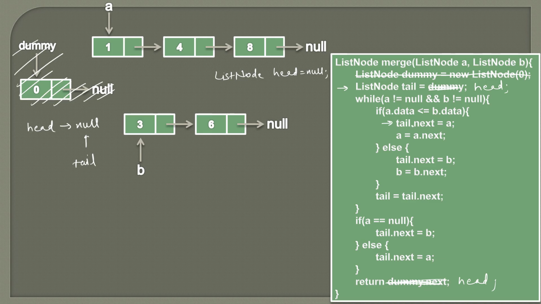And if we are doing this dot next, it means we are accessing a variable which is being referred by tail. So there should have been one concrete object in the heap, on which we call next. But here tail is pointing to null. So here you can see it will give us a null pointer exception, because tail is pointing to null. It doesn't have any object in the heap.